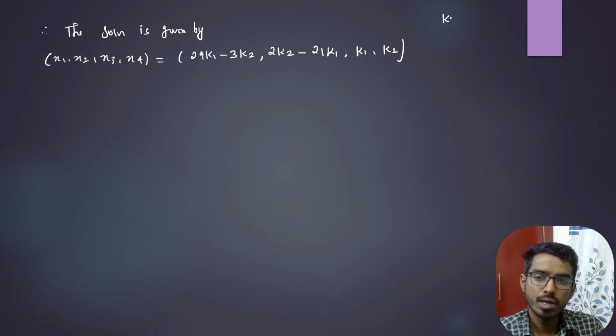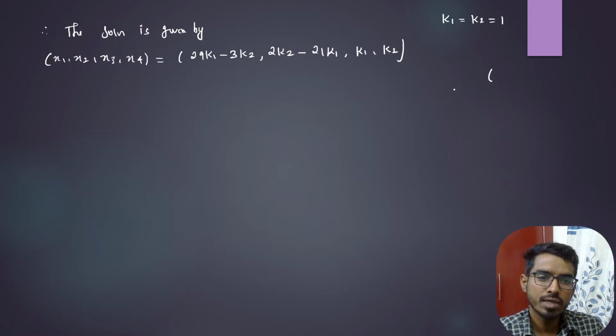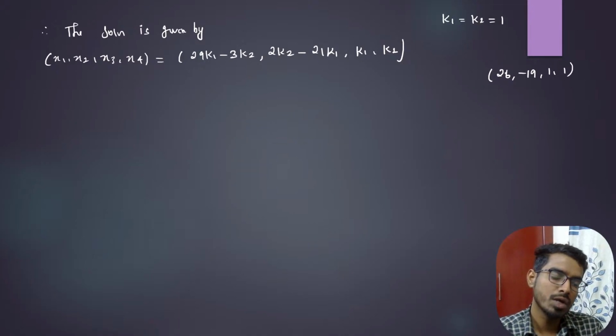Let us take k1 and k2 both to be equal to 1. You can take any number. Then what about this new solution? 29 minus 3 is 26. 2 minus 21 is minus 19, and this is 1 comma 1.